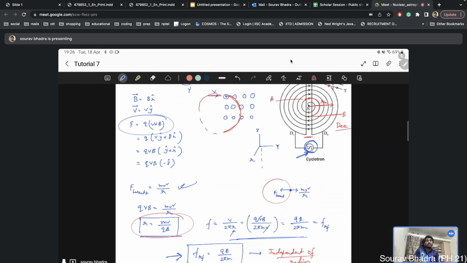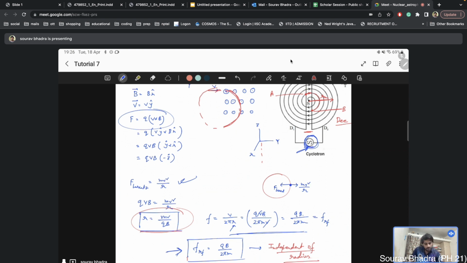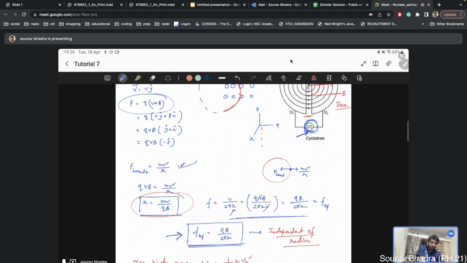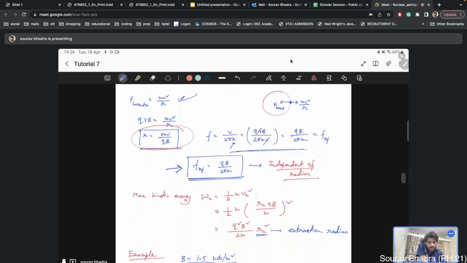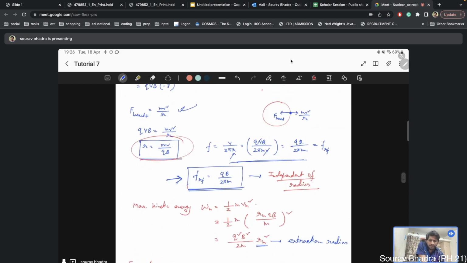For resonance, this should equal the oscillation of the electric field in the gap, which comes from the RF oscillator. So these two should match for resonance. The maximum kinetic energy will be q square B square by 2m times Rm square, where Rm is the extraction radius or maximum radius of the cyclotron. From here you can calculate everything, and you will mainly face this type of problem from the accelerator chapter.